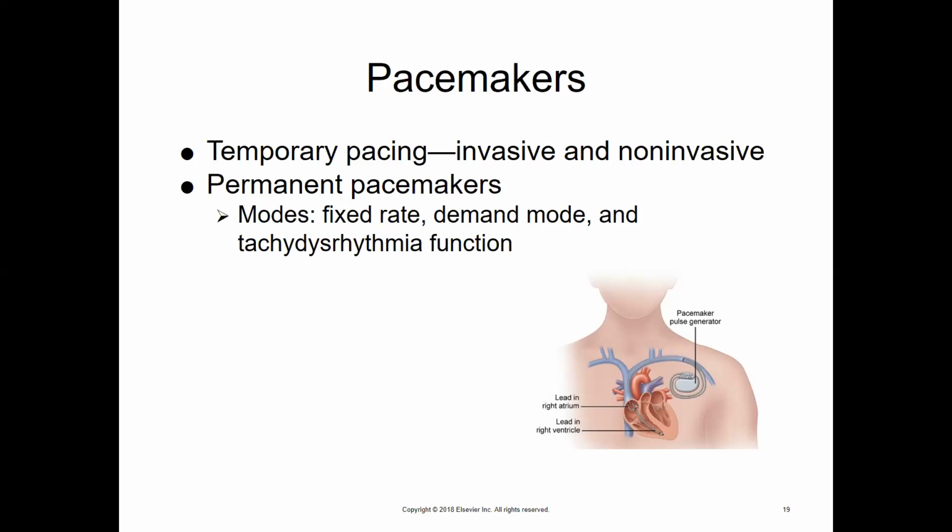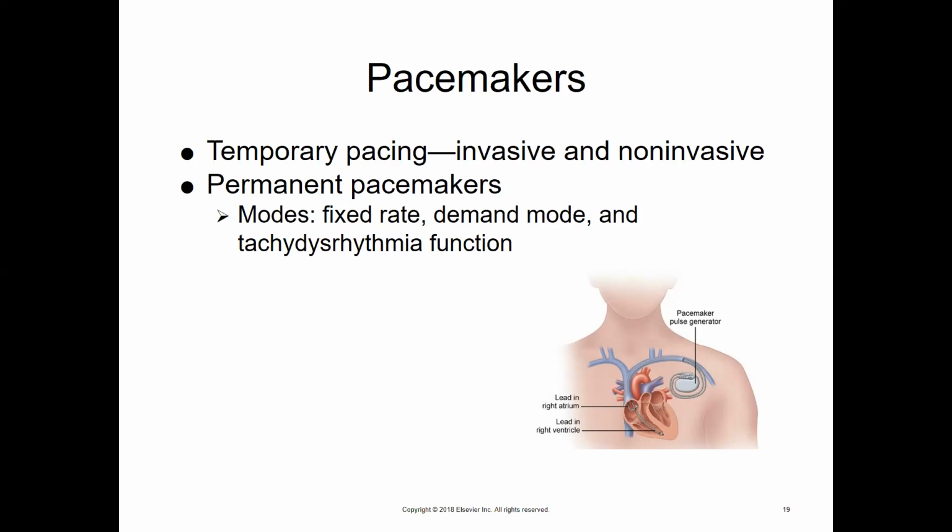They'll put a non-invasive pacemaker on them until they can get them to surgery and fix the problem with the heart. A permanent pacemaker goes inside the chest, and it's indicated for chronic or recurrent dysrhythmias.